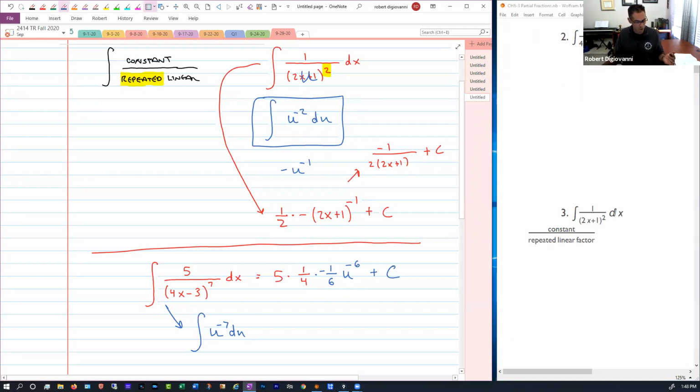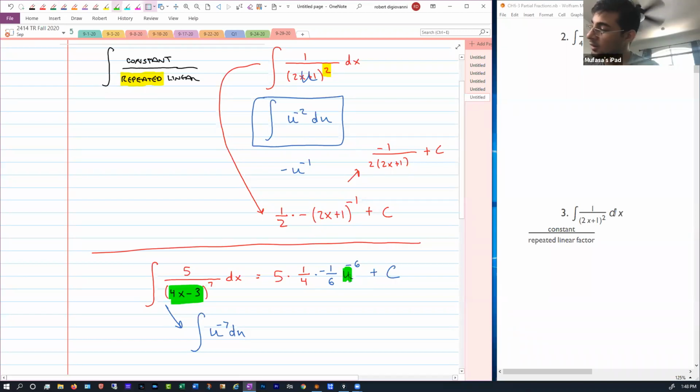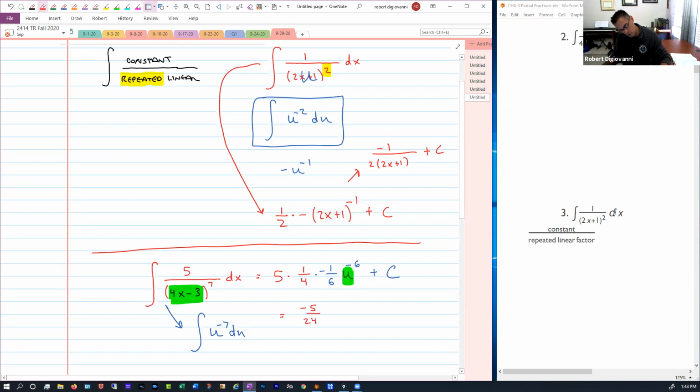But what's u for us? 4x minus 3. So let me try and clean all that up. That's going to be negative 5 over 24, and then u, which was 4x minus 3, to the negative 6, plus c.